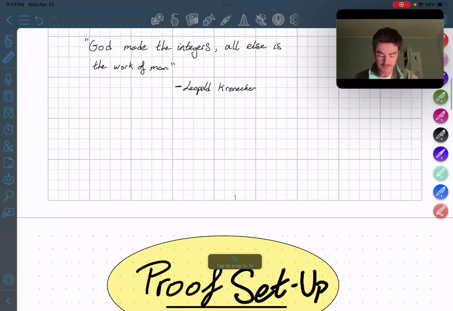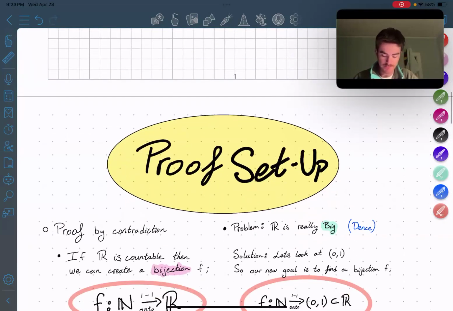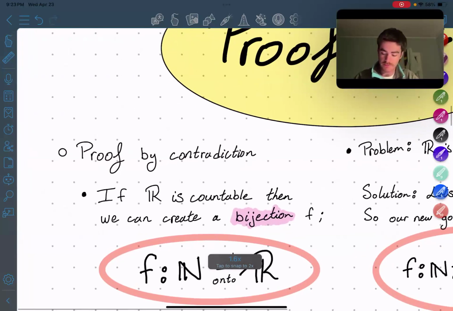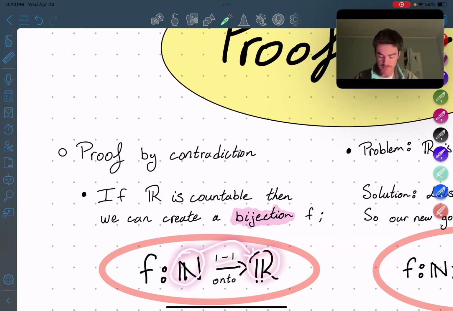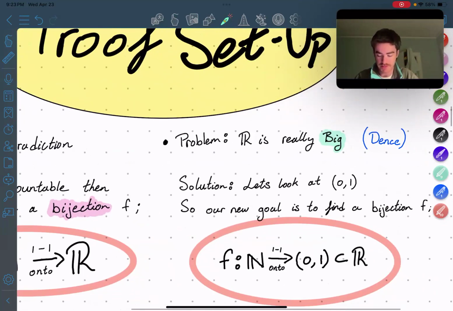So without further ado, let's get this set up. It's going to be a proof by contradiction. So we're going to assume that R is countable, meaning we can create a bijection f, this function that goes from the naturals straight to the reals, and it's going to be one-to-one and onto. Bit of an issue here though, and it's that R is really big.